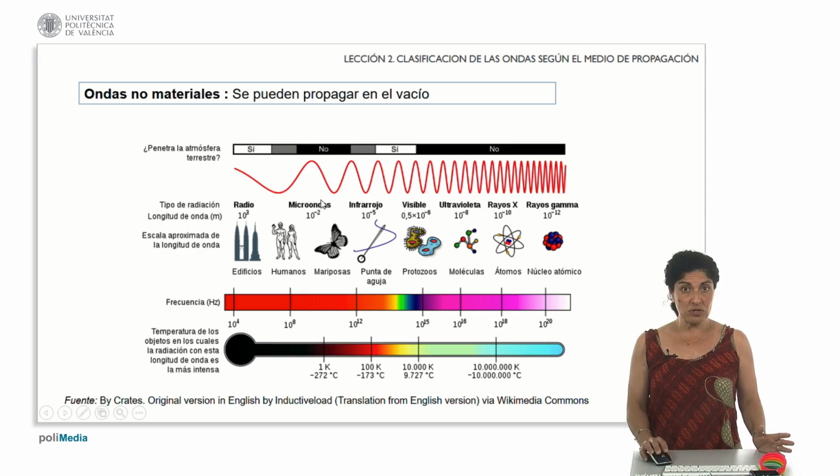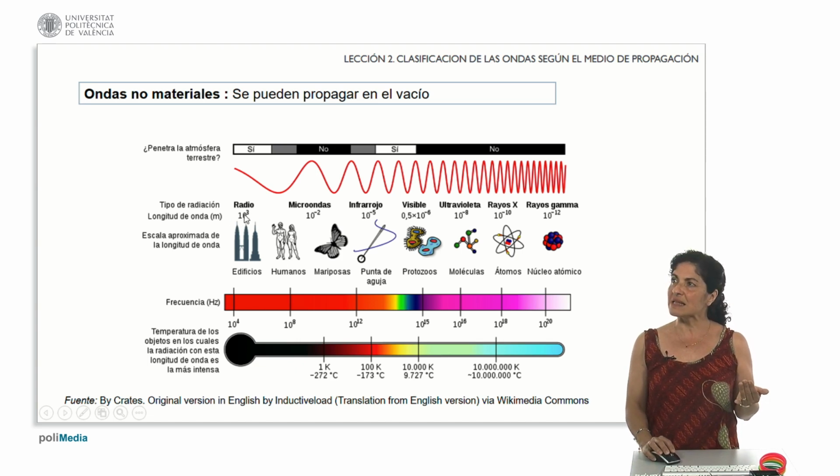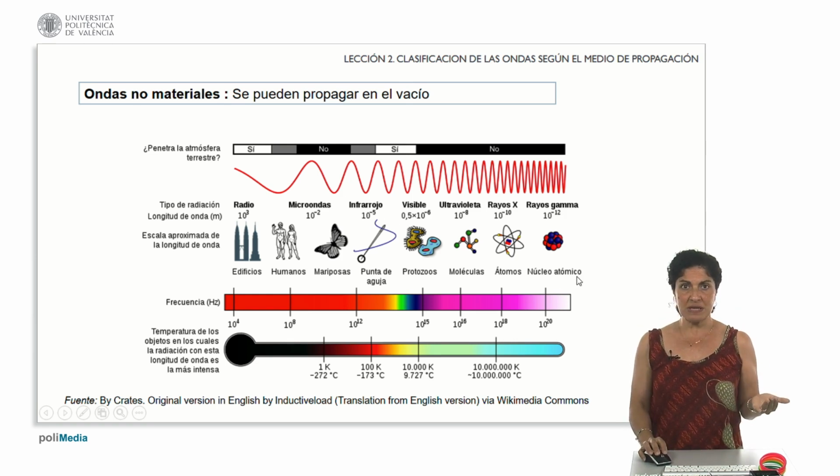Of the electromagnetic spectrum, as I said before, the visible spectrum that we are able to detect with our eyes is a small part, but the electromagnetic spectrum covers much more, from the radio waves that I have represented here to the gamma rays, which cover different components of the knowledge that we have.